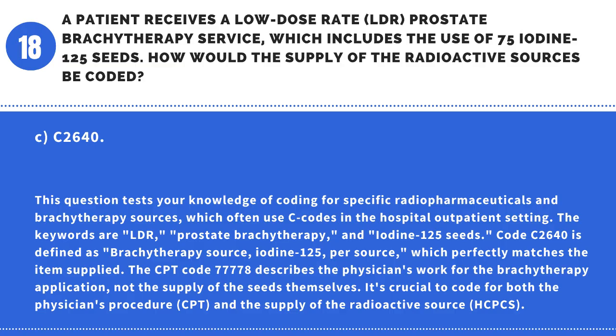Code C2640 is defined as brachytherapy source, iodine 125, per source, which perfectly matches the item supplied. The CPT code 77778 describes the physician's work for the brachytherapy application, not the supply of the seeds themselves. It's crucial to code for both the physician's procedure, CPT, and the supply of the radioactive source, HCPCS.